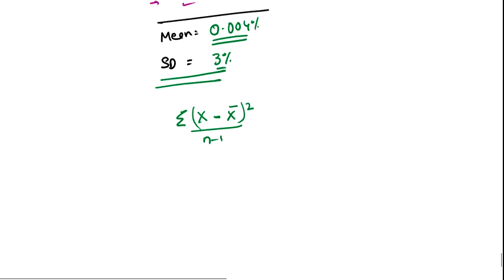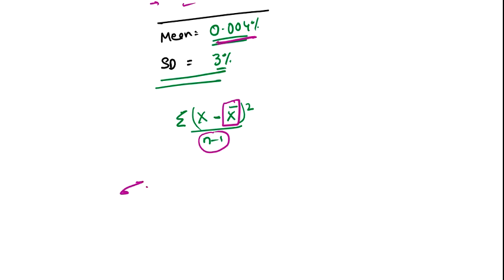Hopefully you are understanding the theme. Now when I got to know that my x bar, that is the mean, is close to 0, and I have a huge amount of data, whether to use n minus 1 or n, it is equal.